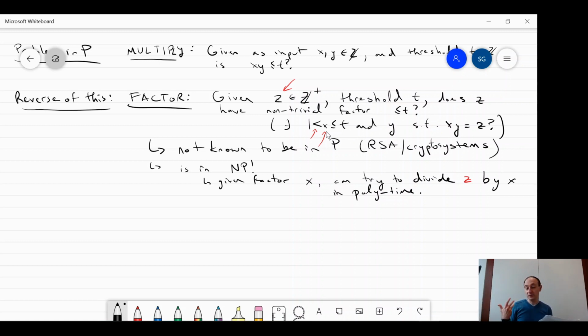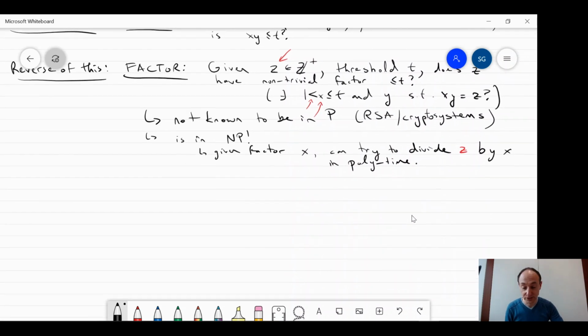Another well-known example of this is any sort of hard puzzle game like Sudoku, where you have to fill out this table. Filling out the table itself could be hard. It's not clear how to do it. But if I at least write down the solution to the table, it's easy for you to check that it's a valid solution. So the definition I'm going to give for NP is going to be in terms of proof verification.